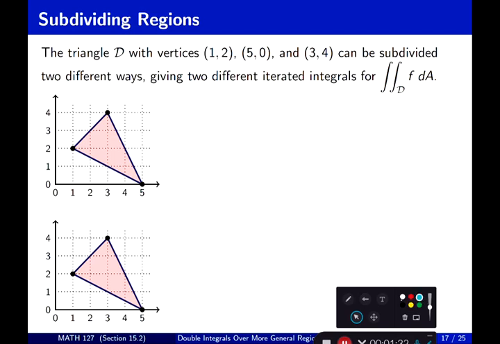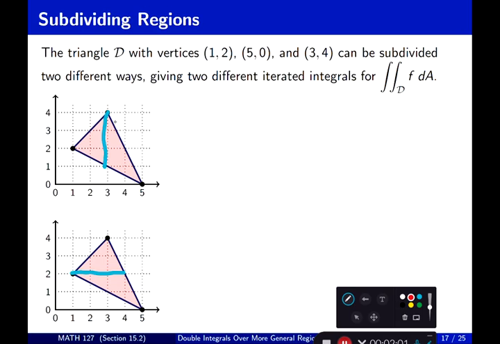One way is I can divide the region vertically, and then each of the triangles is going to be a vertically simple region. Or I can divide it horizontally, and then each triangle is going to be a horizontally simple region.